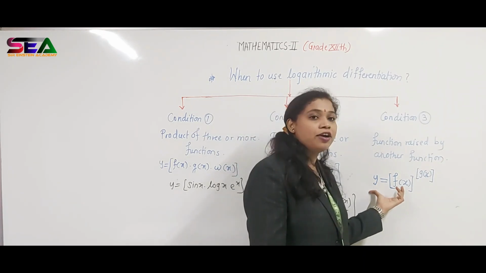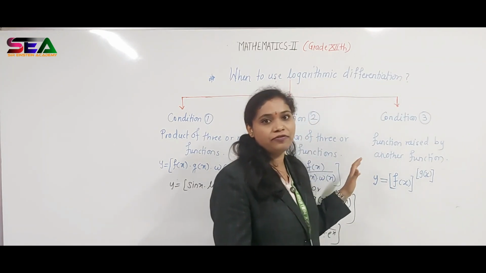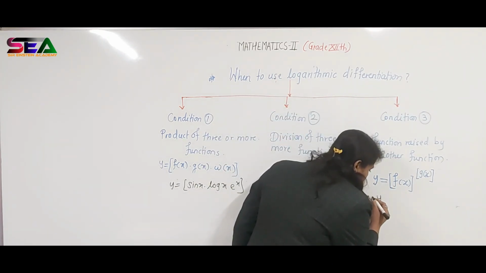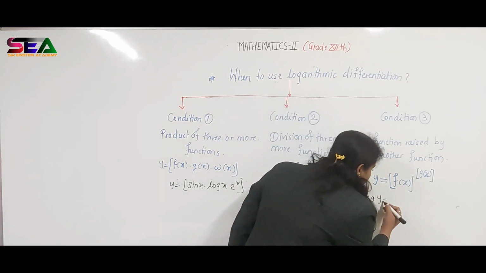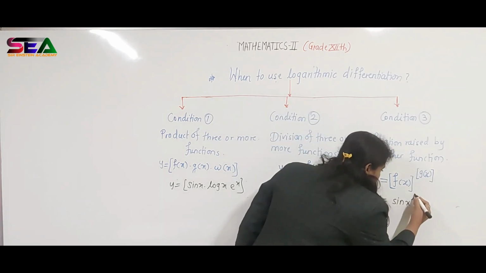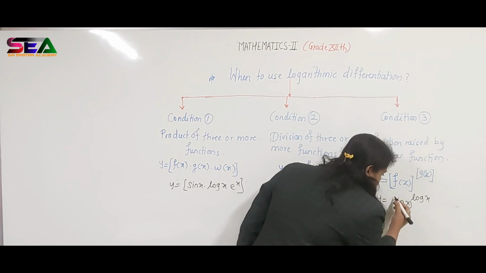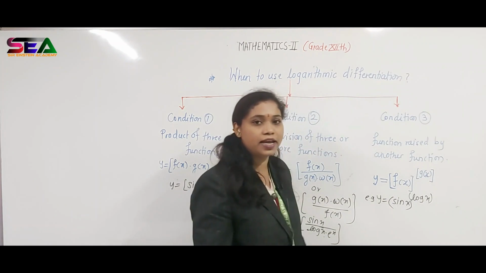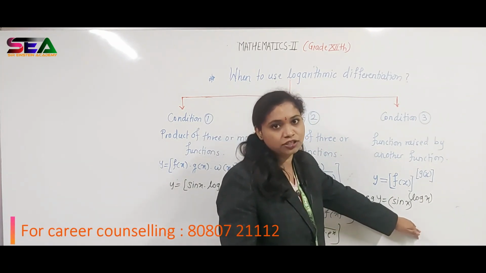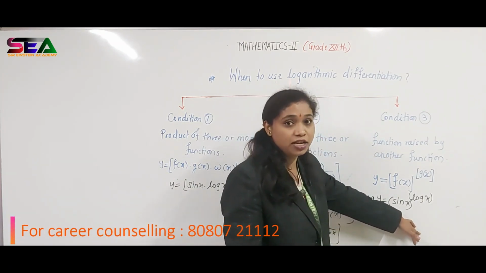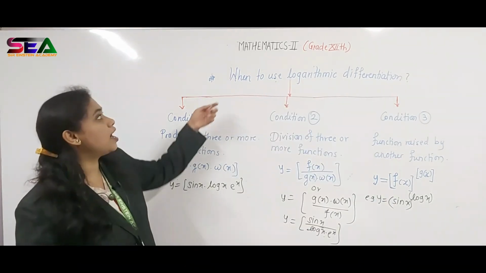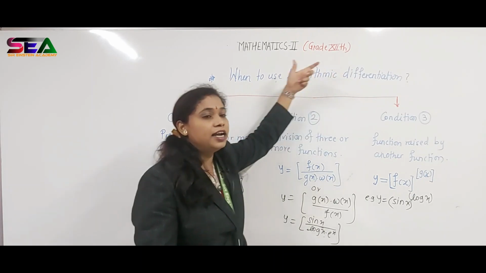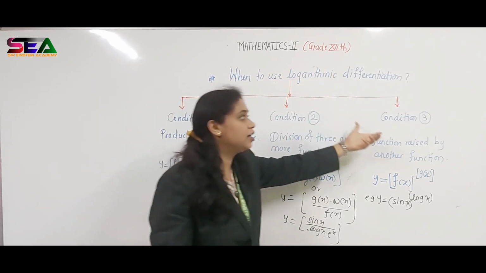As an example I can take y is equal to sin x raised to log x. That is sin x, one function of x, raised by another function of x. In such a kind of differentiation also logarithmic differentiation is used. So that's how we answer the question of when to use logarithmic differentiation. It's very simple by using these three conditions.